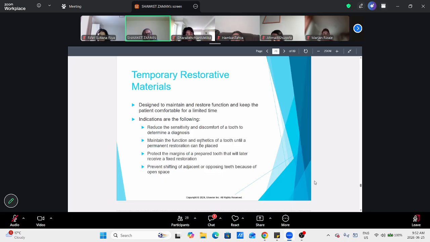It maintains the function and aesthetics of the tooth until a permanent restoration can be placed. That's the way we usually go for temporary restorative materials. It also helps us protect the margins, which at a later date will receive the fixed restoration. Sometimes we use it as a temporary cement for attaching a temporary crown for patients who are waiting for their final restorations.